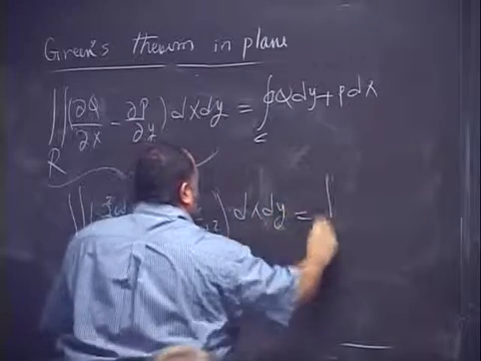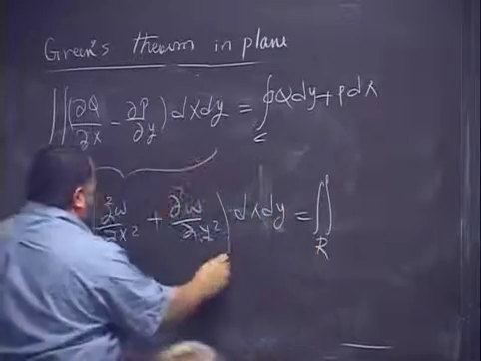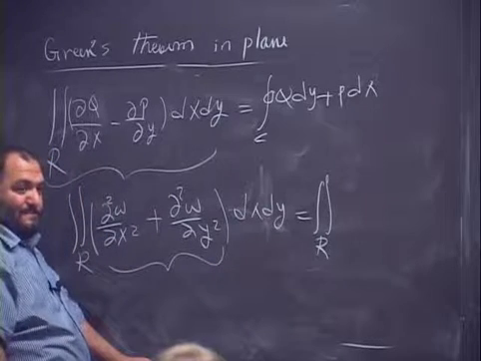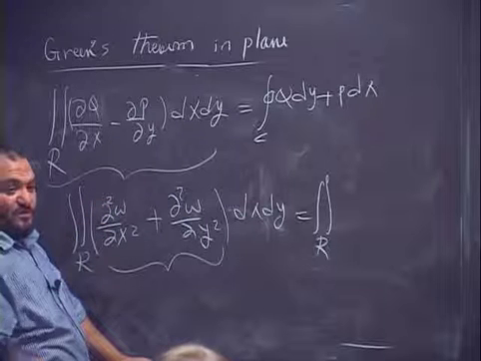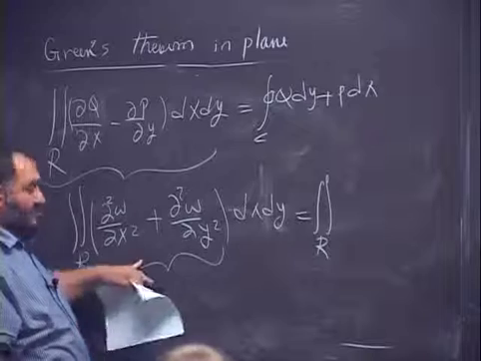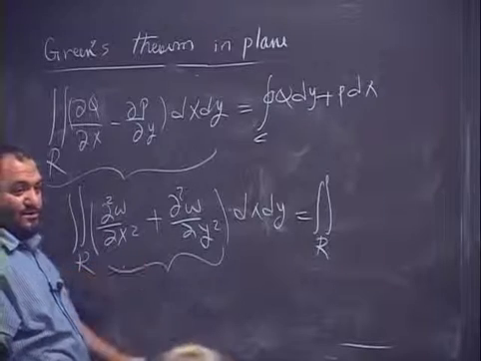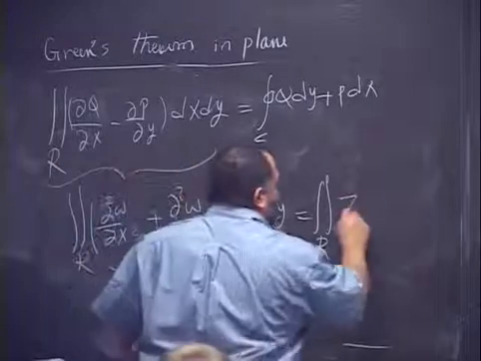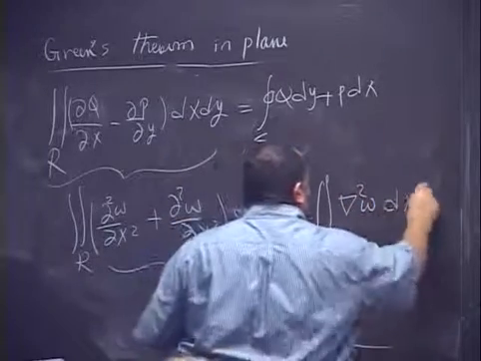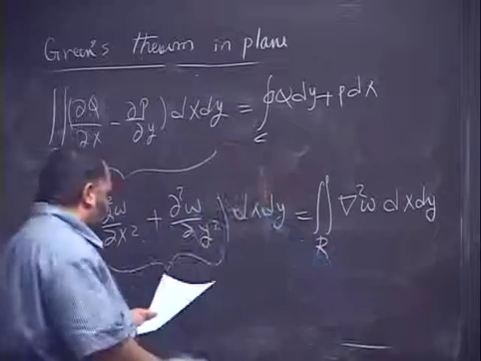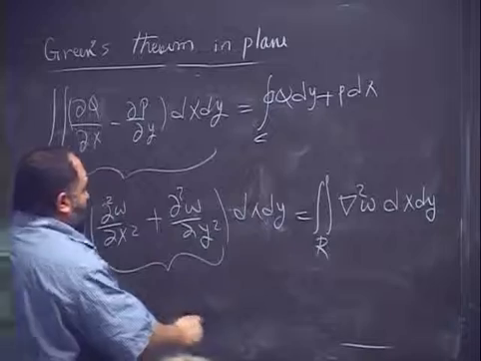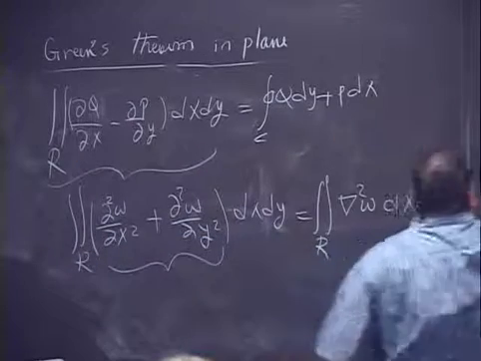Remember what we want to transform: nabla squared. So this is nabla square of omega, dx dy, over R. So let's look for the second part here.